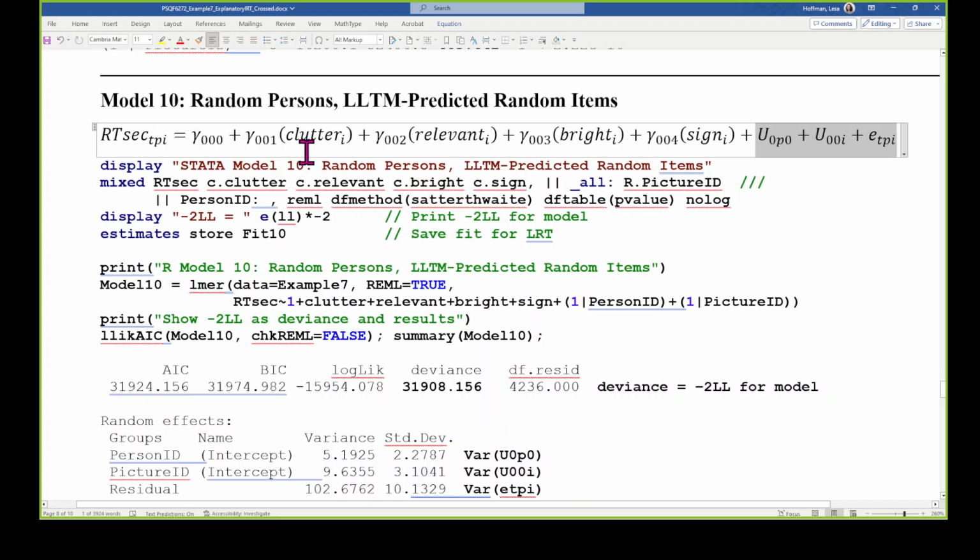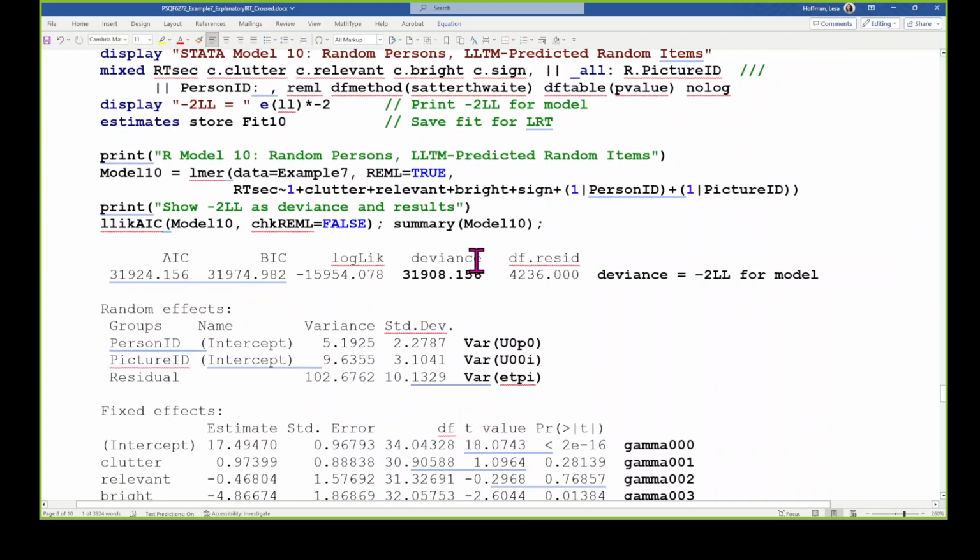Which one do my item predictors explain? Which of these 3 should go down? So all 4 of these are item predictors. Item variance goes down. Yep.